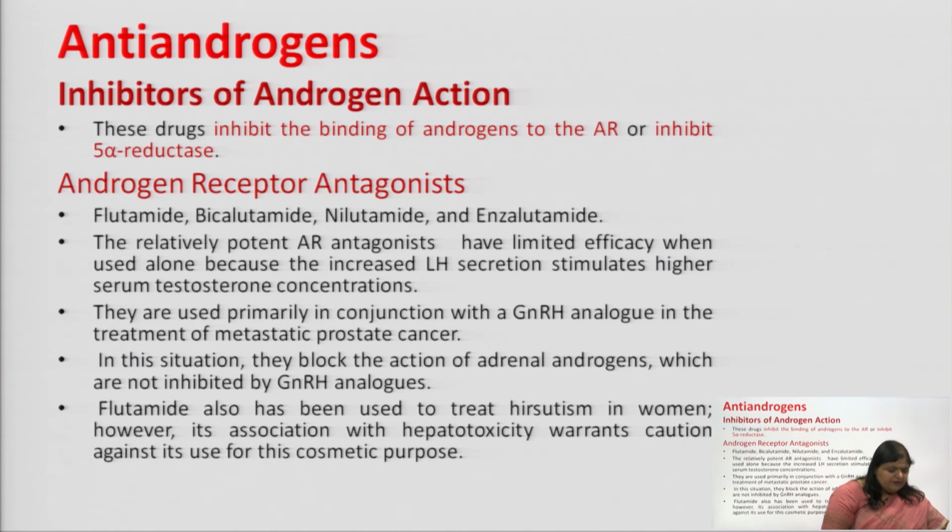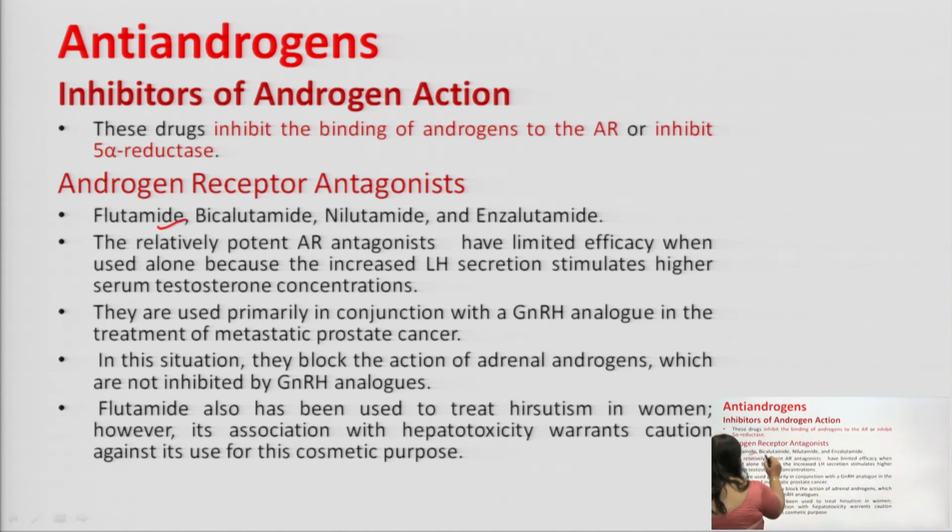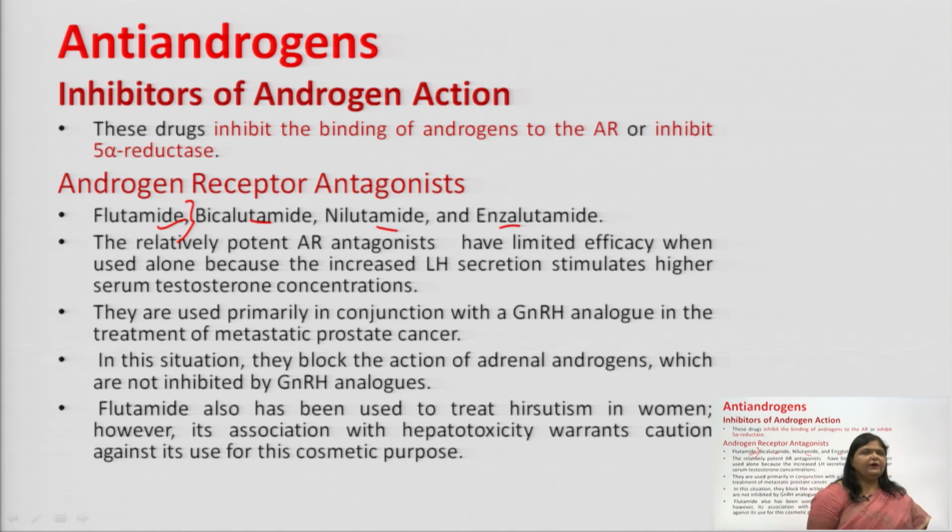Now, there are certain drugs which are called the androgen receptor antagonists. These androgen receptor antagonists include flutamide, and other drugs are also there. We will talk about flutamide, and they are the potent androgen receptor antagonists.